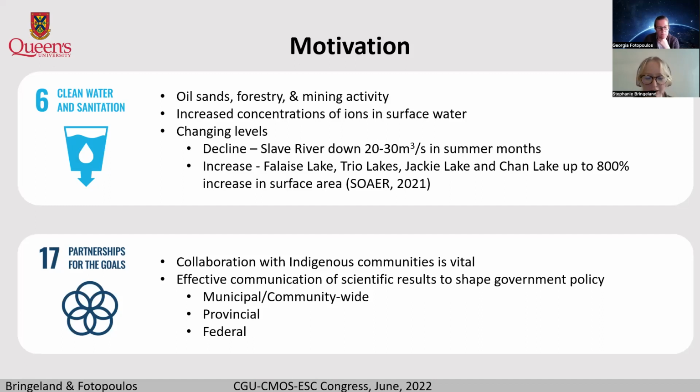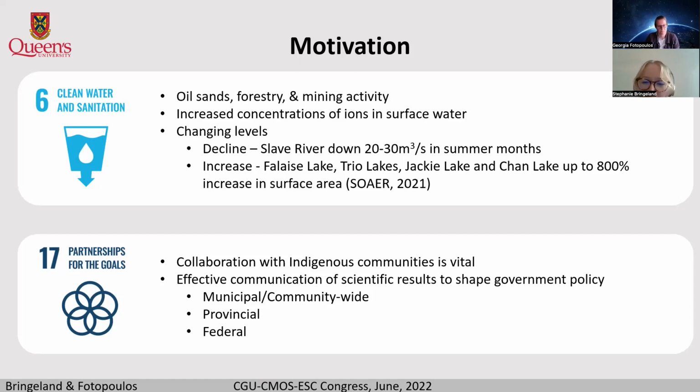Finally, partnerships for the goals. In terms of the partnerships and the stakeholders in the Mckenzie River Basin, as I mentioned, there are a lot of Indigenous communities who hold a lot of traditional knowledge of the region. And so collaboration with Indigenous communities is vital to make sure that the impact of policies or construction projects is mitigated. As well, and this is kind of a fun part of this conference, which is a big collaboration and meeting of scientists working on Canadian projects.